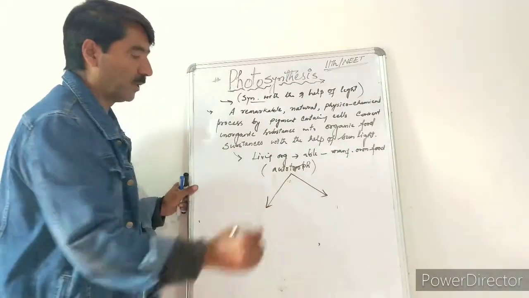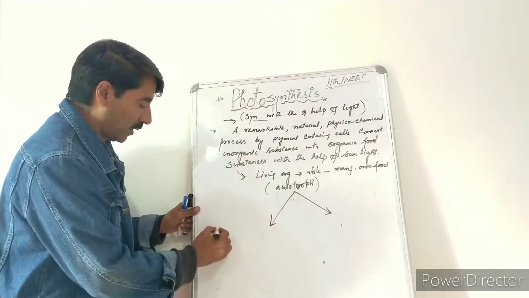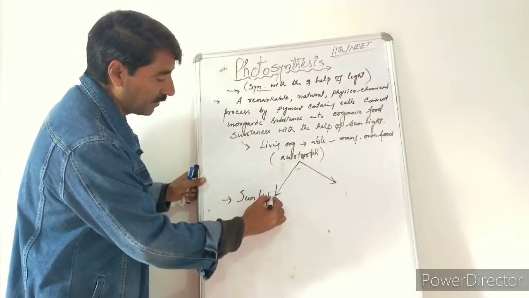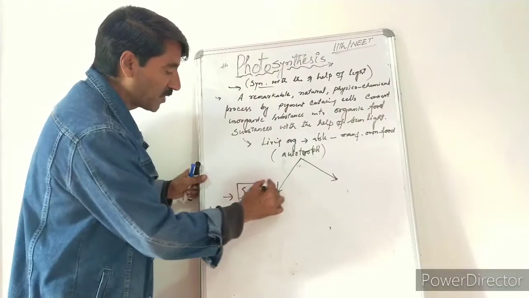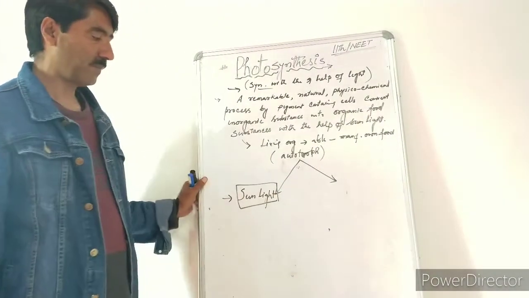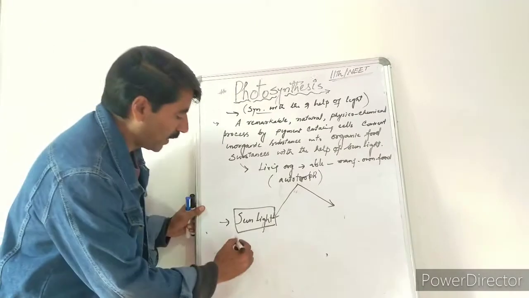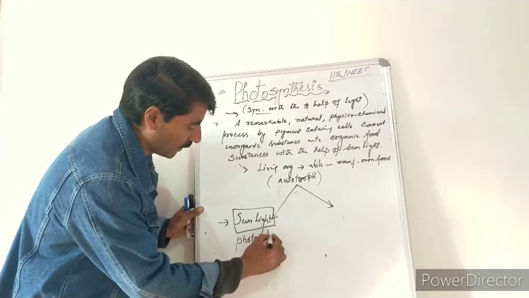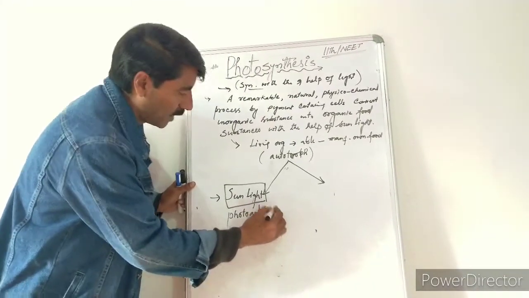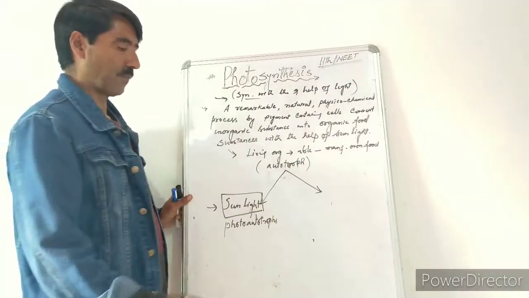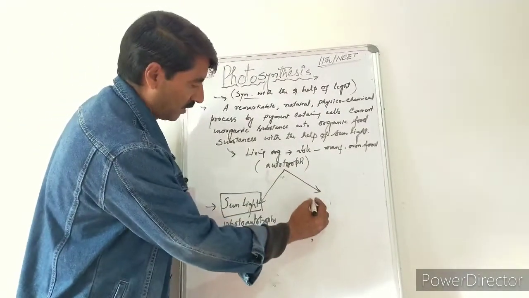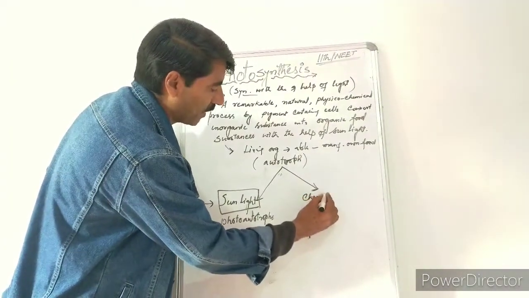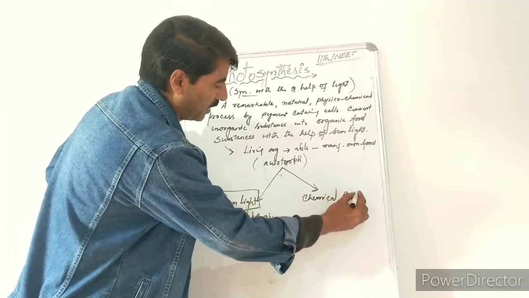One group of autotrophs can use the sun's energy, that is solar radiations or sunlight, to manufacture the food or to do this process. So this group is called as photoautotrophs. Another group of living organisms, including some bacteria, they can use chemical energy, that is the energy from the chemical reaction.